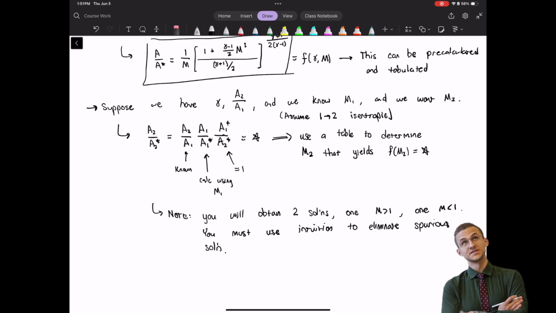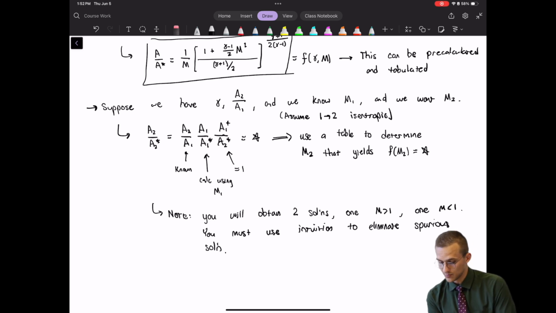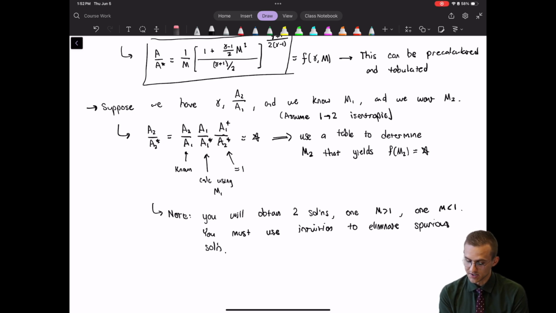In fact, if you start subsonic, whether you're in a converging or a diverging duct, you would not expect to go supersonic, right? Because you would need to have some sort of converging-diverging duct to achieve that. So you look at your overall system, the things that you know, and the things that are happening between state 1 and state 2, and that allows you to determine which of the solutions, the subsonic or supersonic solution, is the one that's reasonable and possible.